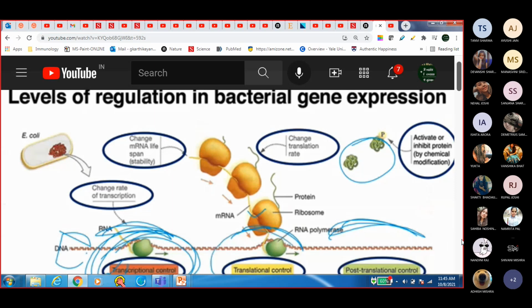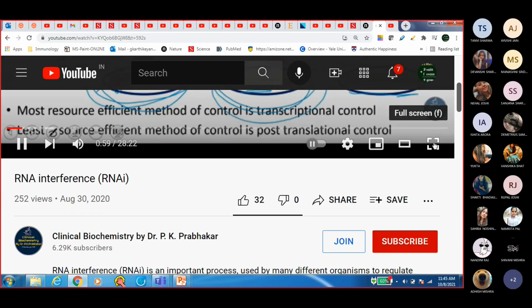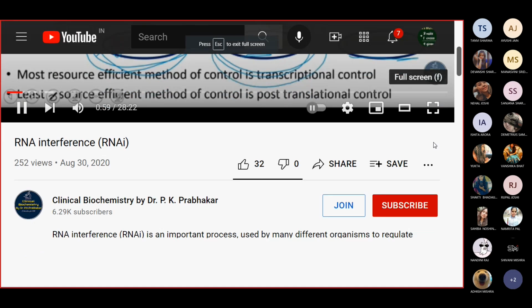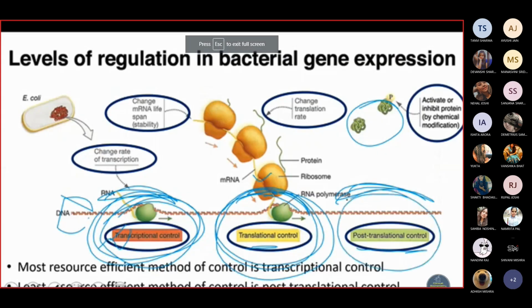That level is called the translational level. So protein synthesis can be regulated, can be managed. And the third is called post-translational regulation. It means once you have got the messenger RNA, then the messenger RNA has to be degraded. If I don't want a protein, the messenger RNA will be degraded, or inactivated. So that is called post-translational.